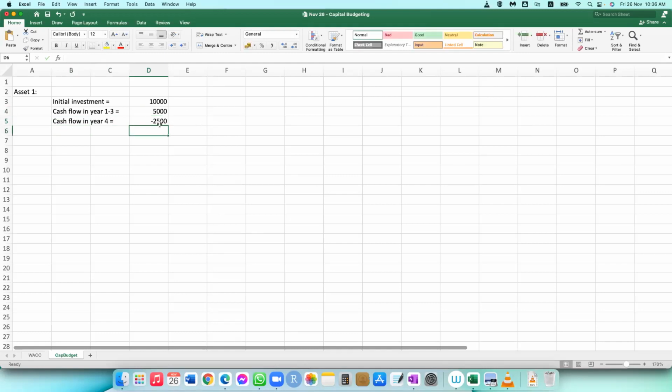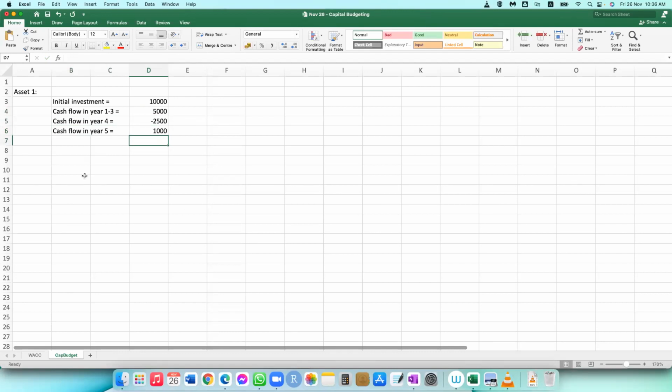For some reason, it is minus. And cash flow in year 5 is, again, 1,000.